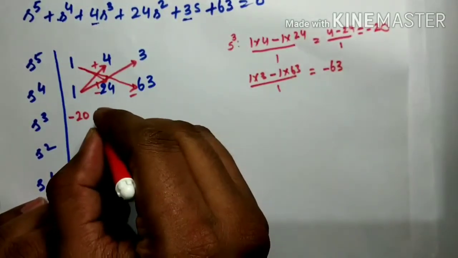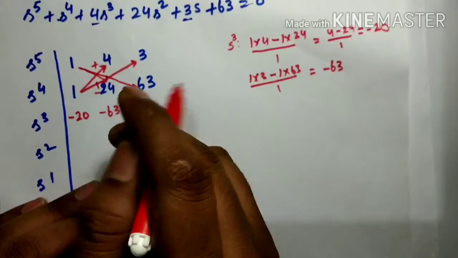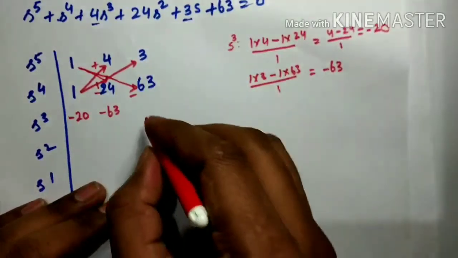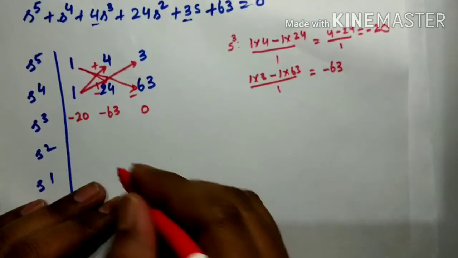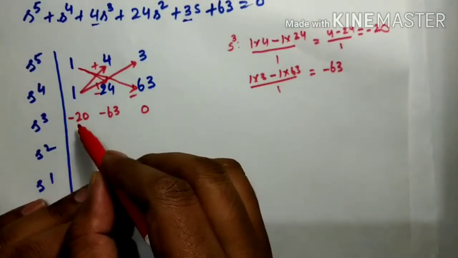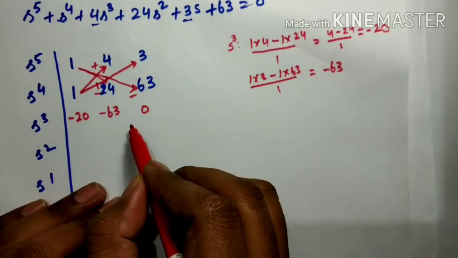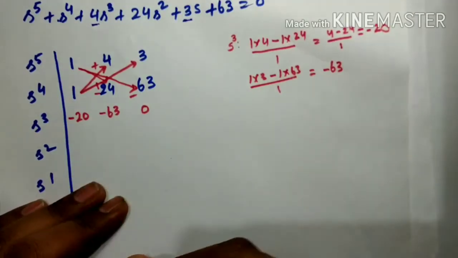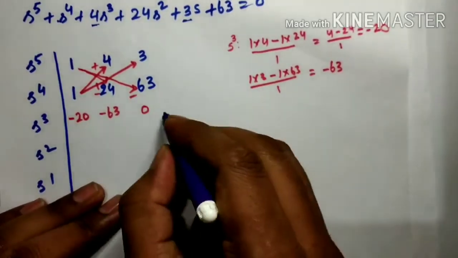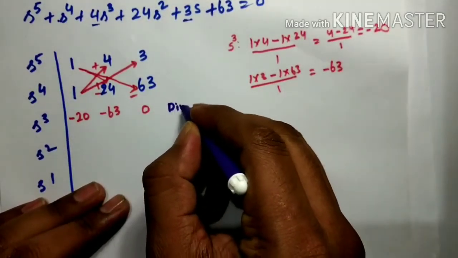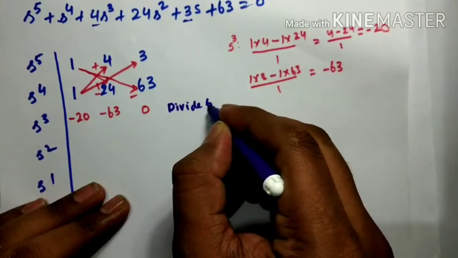Now there are no coefficients to divide, so the next becomes 0. Now see here minus 20 is there, minus 60 is there. So this can be divided by 20.